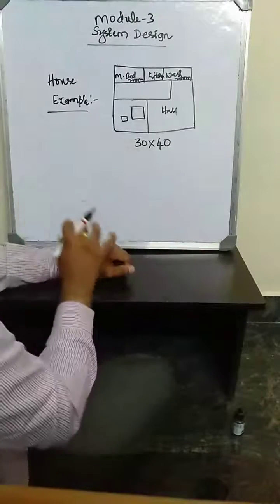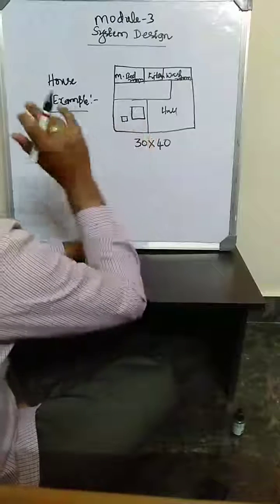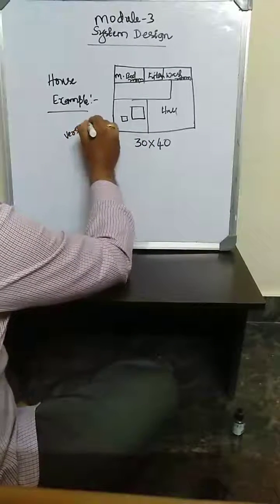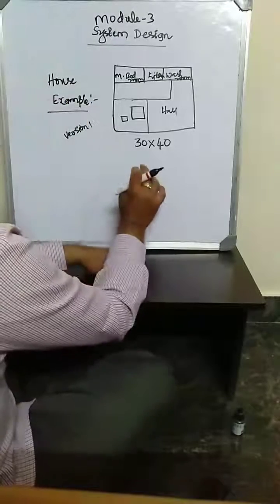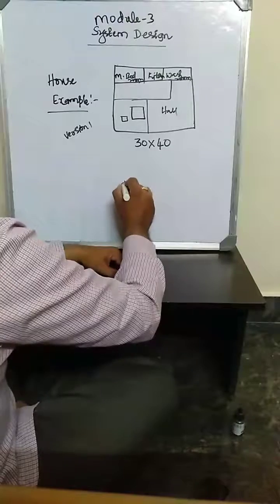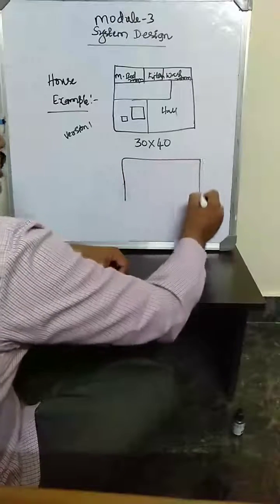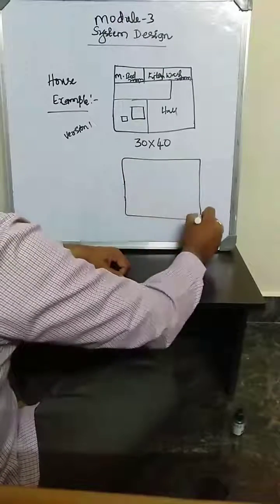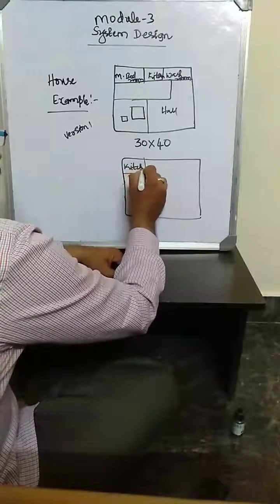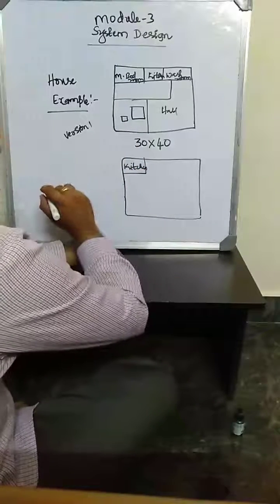Why I am insisting on this is, this is one sketch, version 1. You may call this version 1. Another engineer may change it. Let us say in this area he may place the kitchen, where previously we placed the master bedroom.